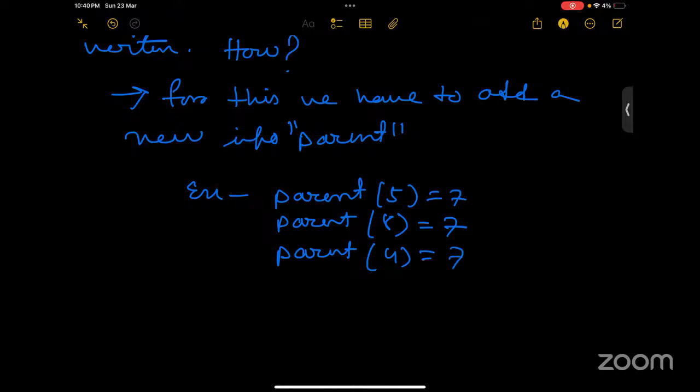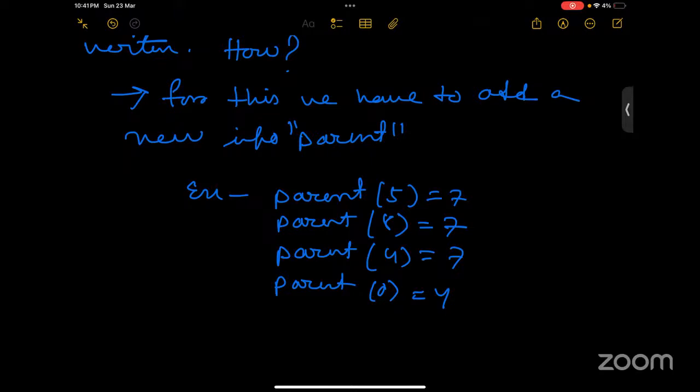That means we will go back to the immediate last step, and we will see the immediate last vertex, and this will be the parent of that one. Okay. So first we started with 7, then we visited 4, 5 and 8, right? That is why the parent of 4, 5 and 8 is 7.